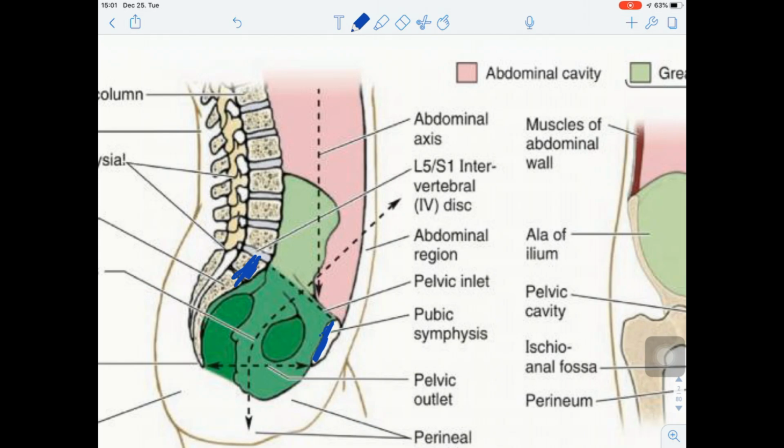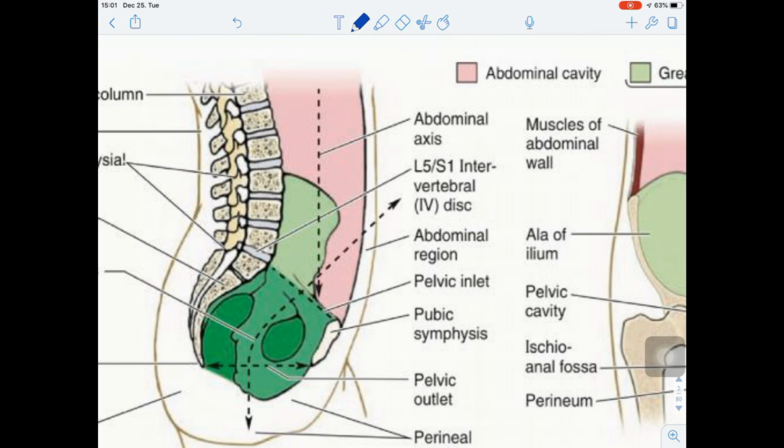Between them you have this plane, which is called the pelvic inlet. The pelvic inlet, which I will talk about its borders, is the area which separates the greater pelvis from the lesser pelvis. Okay? So now, the greater pelvis, the other name for it would be false pelvis. The lesser pelvis, the other name for it is true pelvis.